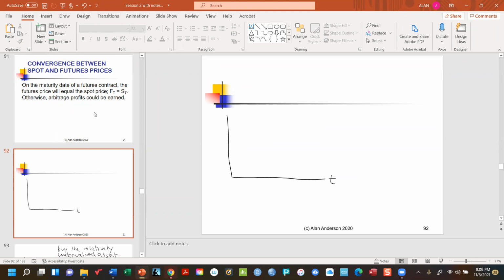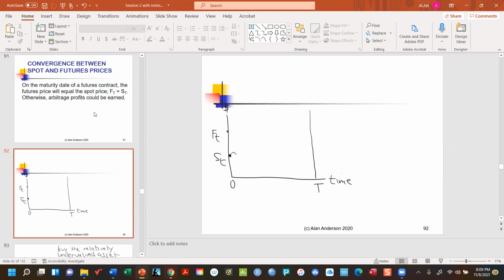That'll be time, and this is dollars. As of today, whatever today is, time zero, here's the spot price, and here's the futures price. And let's say the maturity date of the contract is here. I'll call that capital T.